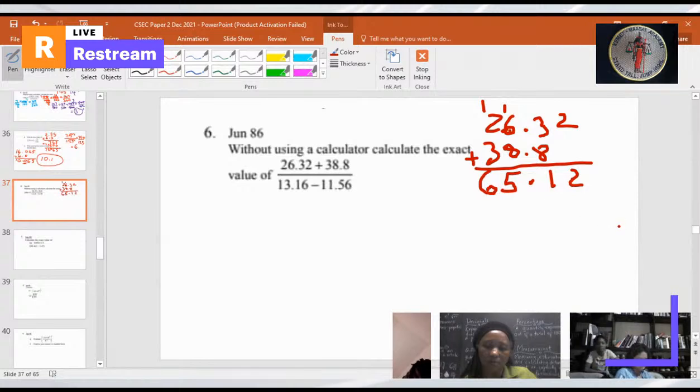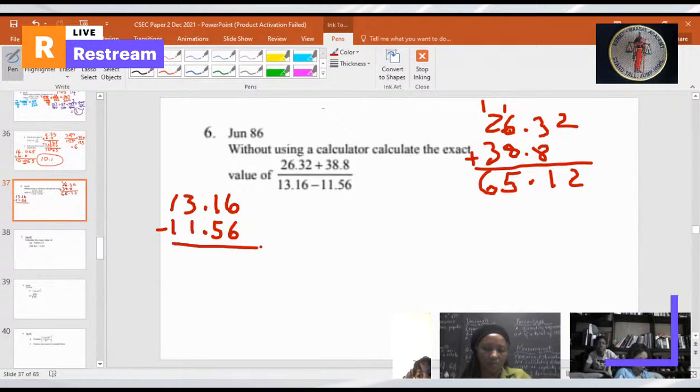Miss, and then we're going to write the bottom one, just the bottom part now. So 13.616 minus 11.56. Yes. So it should be 6.